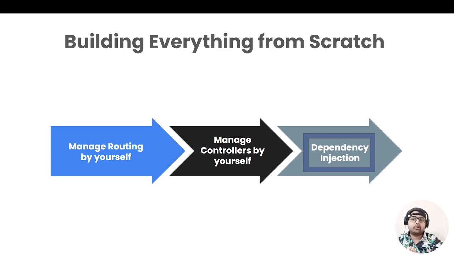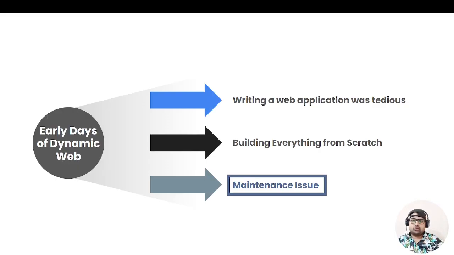So earlier the web developers used to implement all these things from scratch. So now we are getting an idea about the struggle and the hard work which the earlier day web developers used to do. And if you are building everything from scratch, then automatically there will be a code maintenance issue.